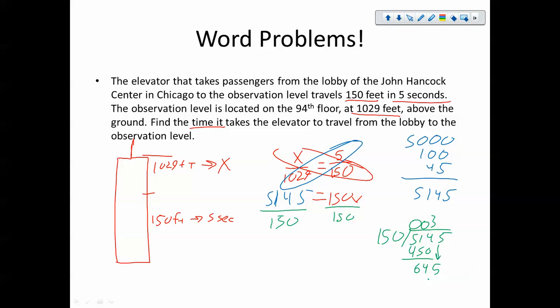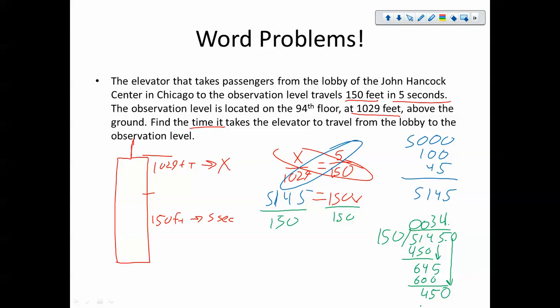How many times does 150 go into 645? Okay, 150, 300, 450, 600. So that looks like 4 times. And that's 600, which means when I subtract, I get 45. Now I have a remainder, so there's a decimal point here. Let's bring down a 0.